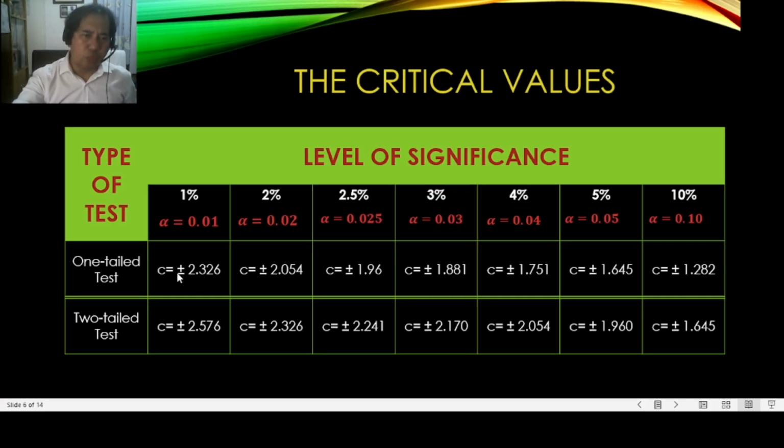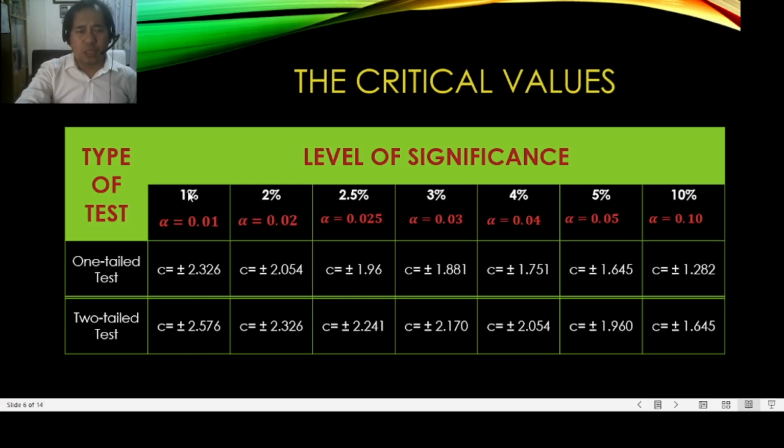Now, when we say one-tailed test, meaning to say, when you plot this in the normal curve, there is only one rejection region. Okay? Be it on the right side or the left side of your normal curve. Now, what if that is two-tailed? The rejection region is divided into two.